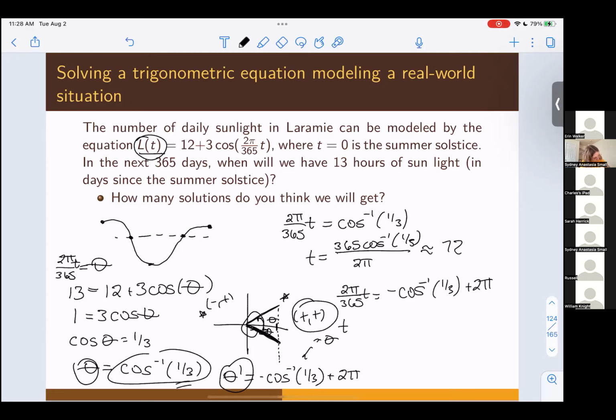Solving for t, that is 365 times negative inverse cosine of 1/3 plus 2 pi, all over 2 pi, which rounding to the nearest day is 294. So those are your two solutions. In other words, 72 days after the summer solstice and 294 days after the summer solstice, we will have 13 hours of sunlight in Laramie.